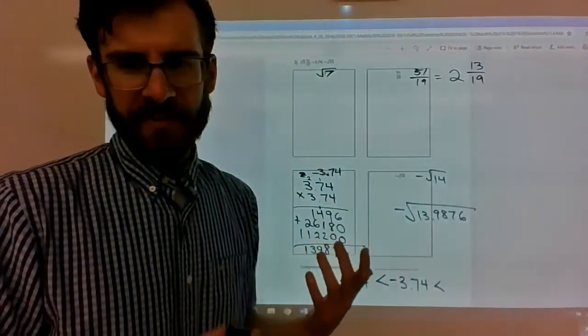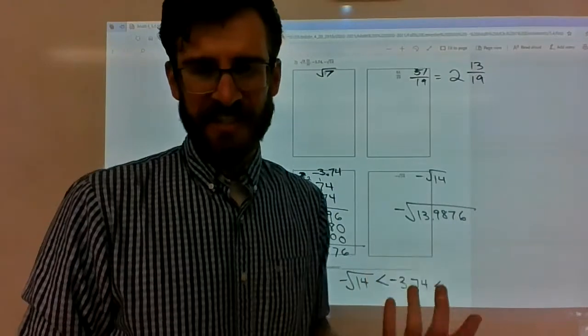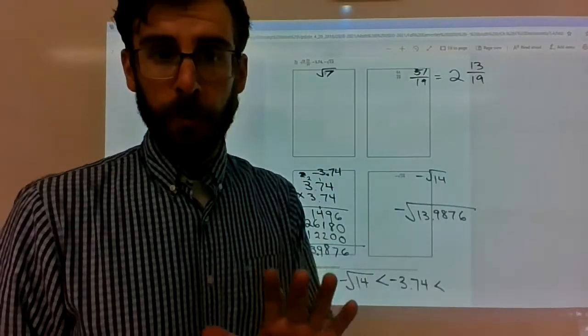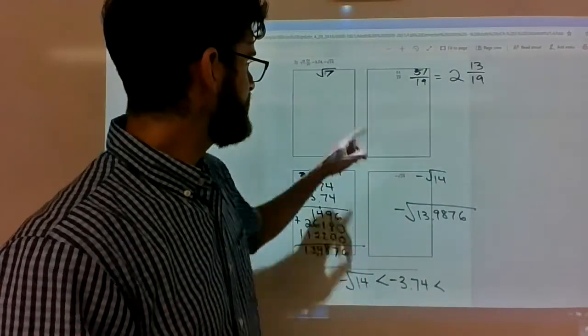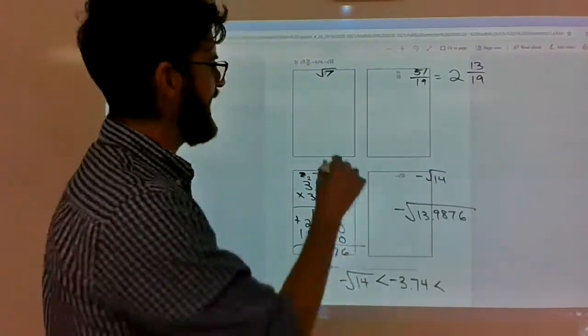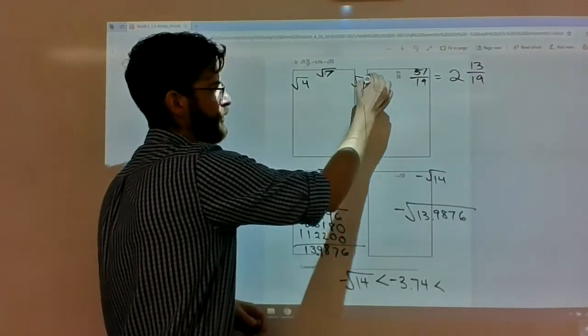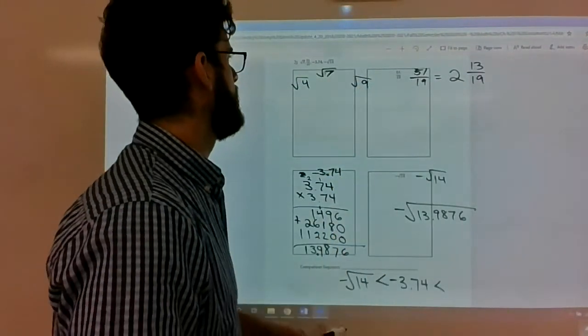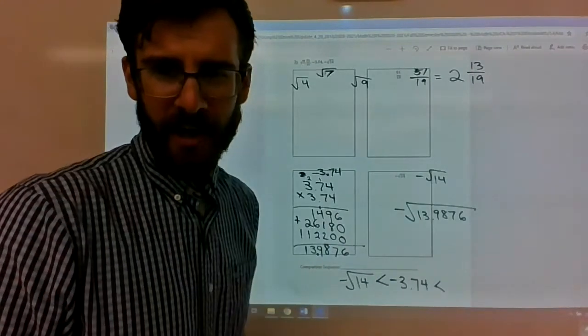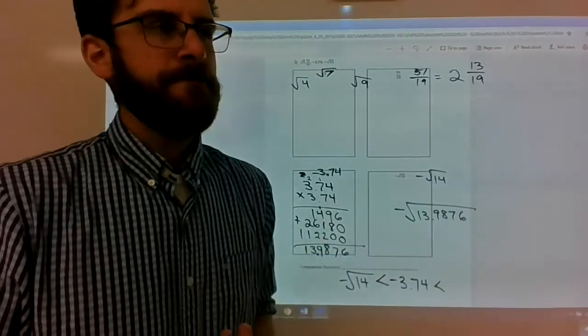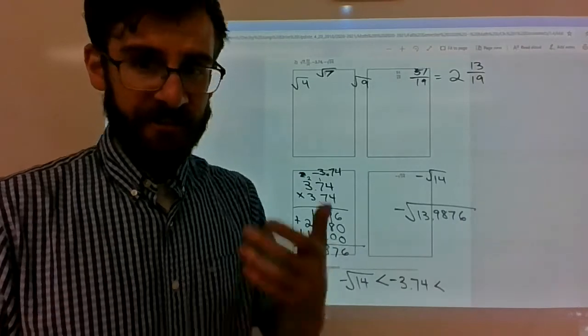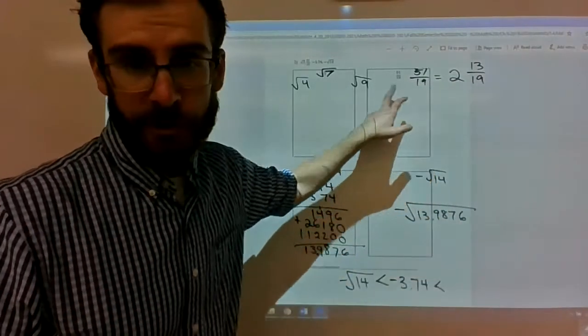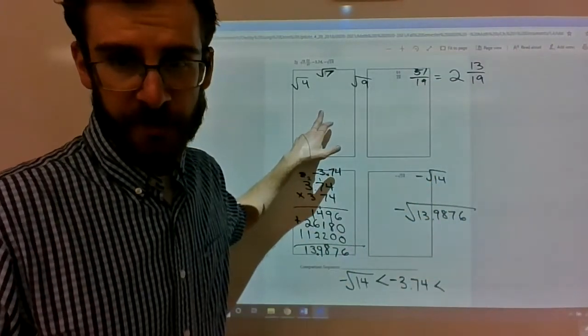So if I had to estimate, that'd be like 2.6 or 7-ish. 7's right smack dab in between root 4 and root 9. Seems to be closer to 9, which I guess verifies the fact that these two numbers are going to be too close to just straight up guess which one's bigger.